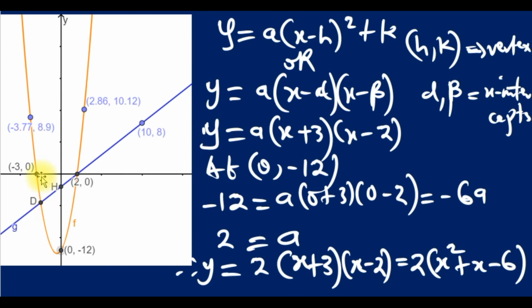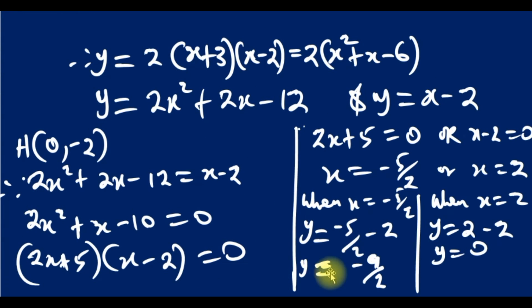As you can see, on the graph x is negative and y is also negative, meaning that we discard one of the points. So the coordinate of D is x is minus 5 over 2 and y is minus 9 over 2.